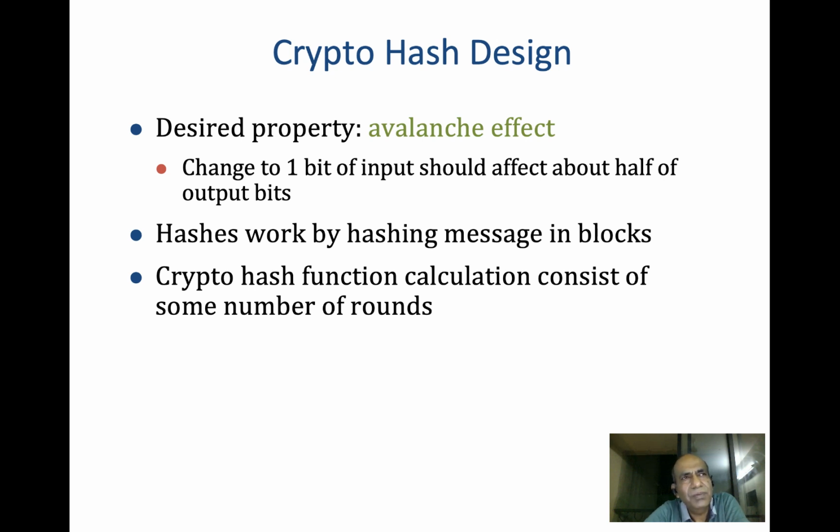Because we want the output of a hash function to be as random as possible, such that nobody should be able to guess it. Let's assume that if you change one bit in the input and the output is almost the same, then one can easily apply the reverse function and get a different string which hashes to the same output.